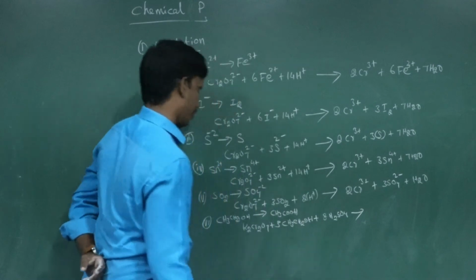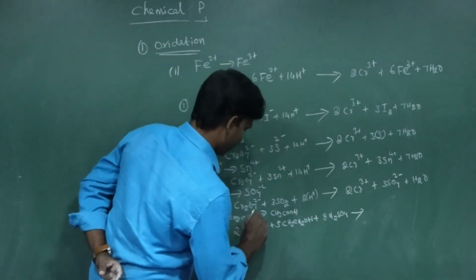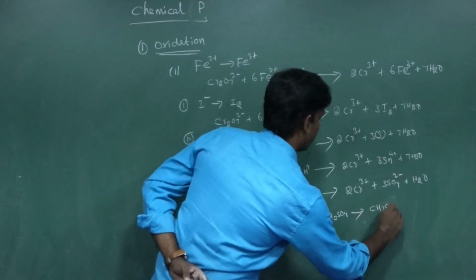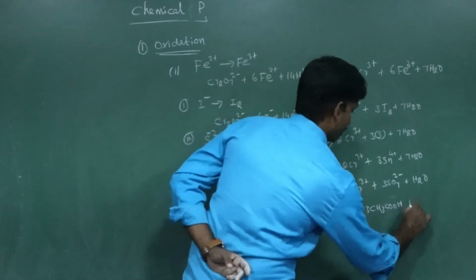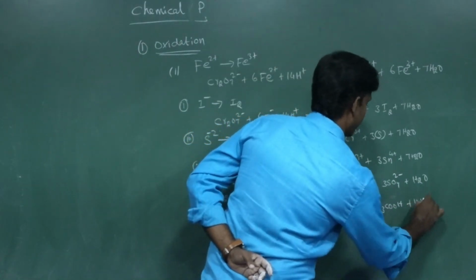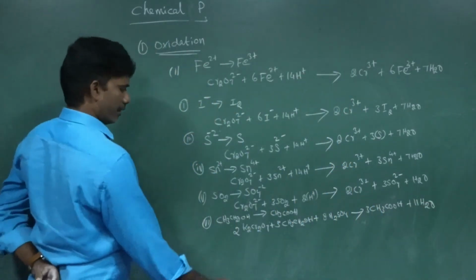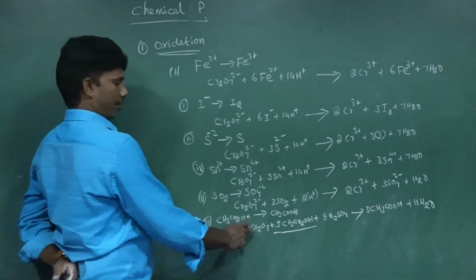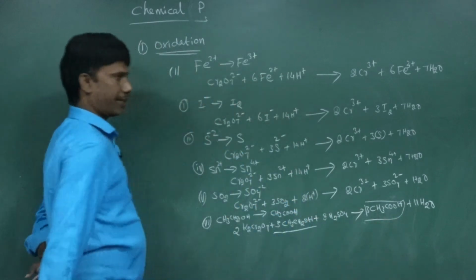You are getting 2 times K2SO4. The main product is 3 times acetic acid, plus 11 times water molecule will be there. The side products are not necessary for us. What is the change here? Potassium dichromate oxidizes ethyl alcohol into acetic acid. This is the main product.